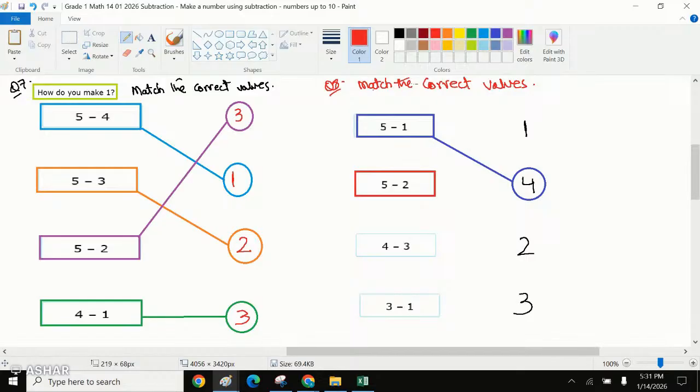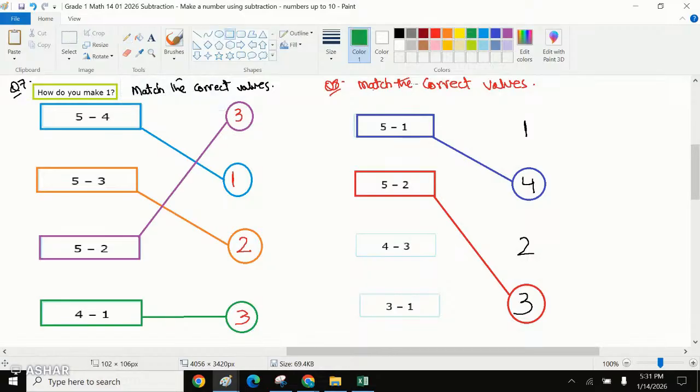So we should be left with 1, 2, and 3, right? We would be left with 3 only, right? So we can connect 5 minus 2 with 3. So we say they are connected. That means the answer for this is 3. Okay. How about the next one?